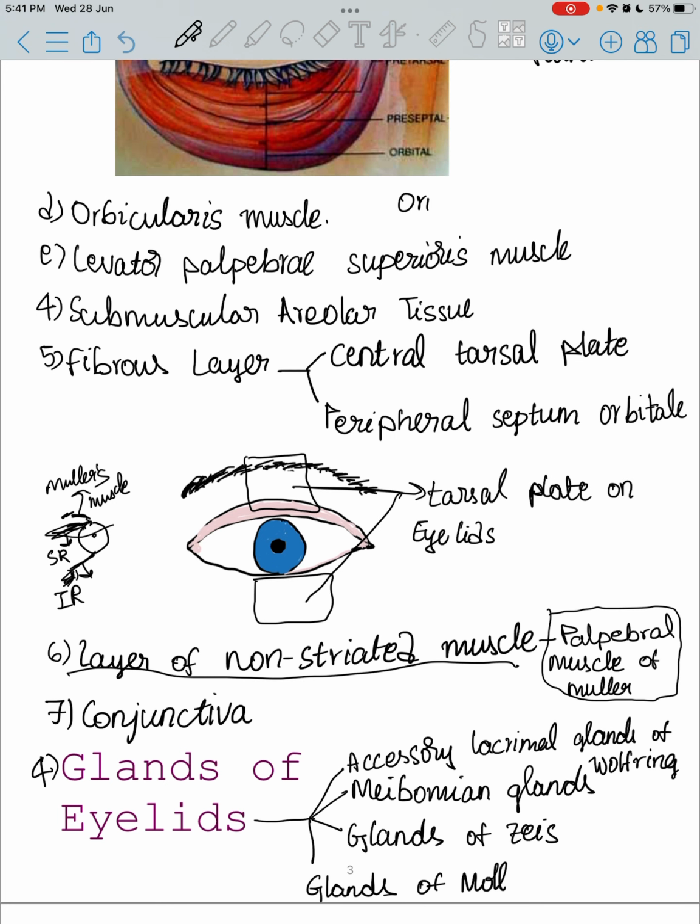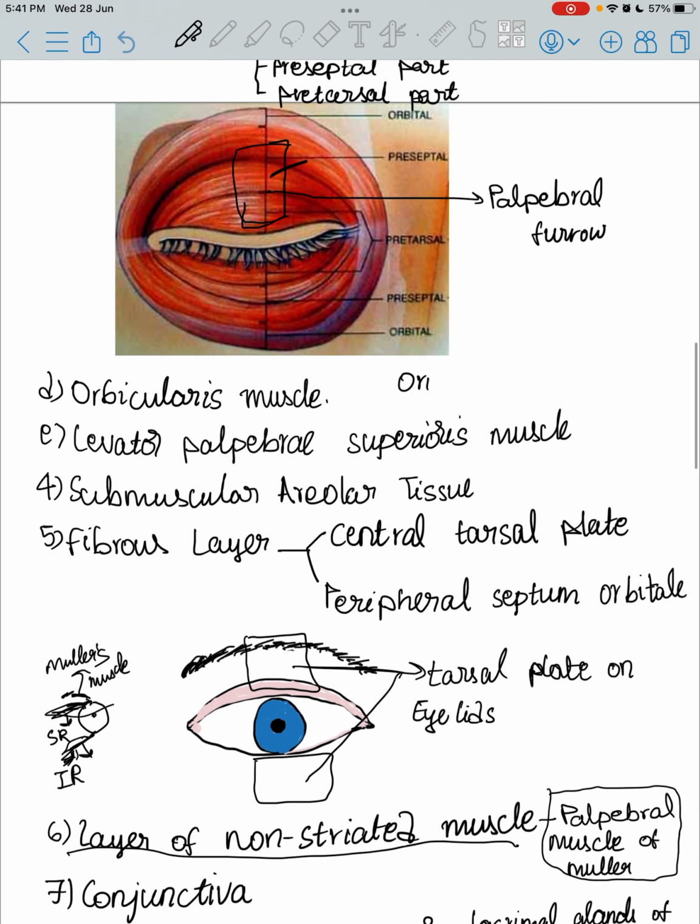We know that the superior rectus and inferior rectus are the muscles which directly attach to the eyeball, and we have already seen the position of LPS here. So in the upper eyelid, the muscle of Muller arises from the LPS muscle, and in the lower eyelid it is from the inferior rectus muscle.